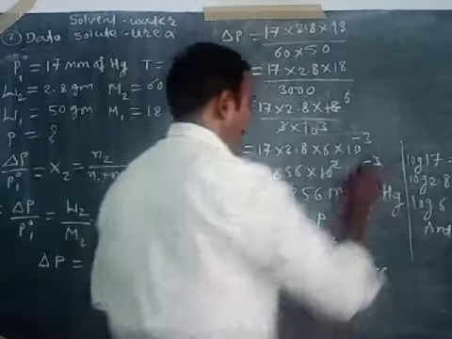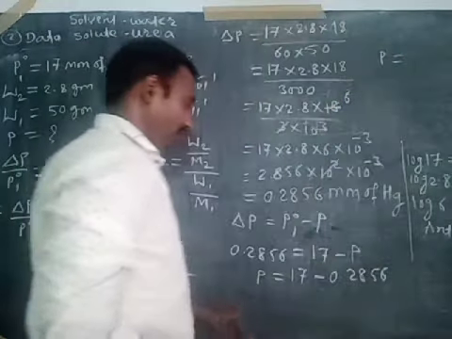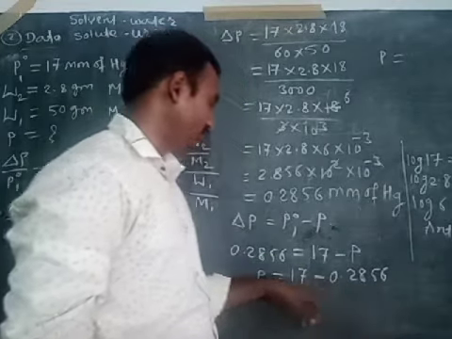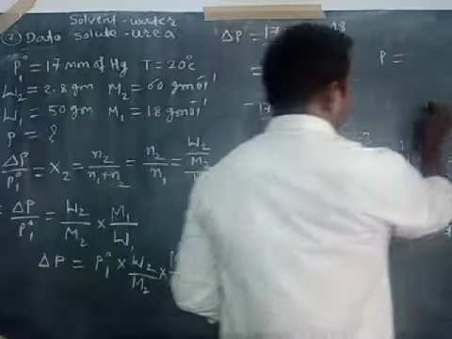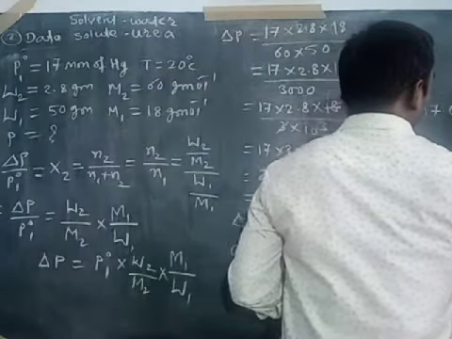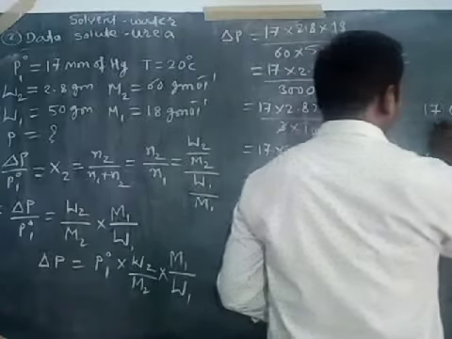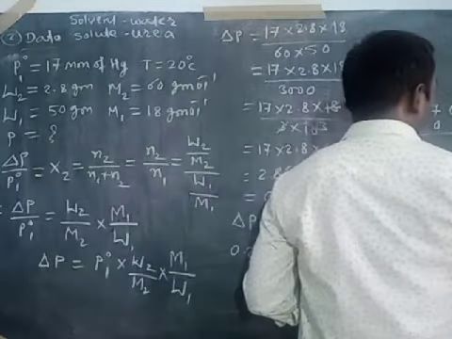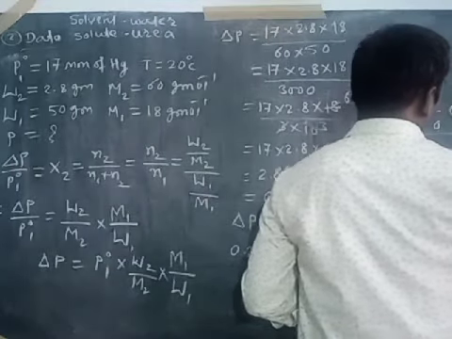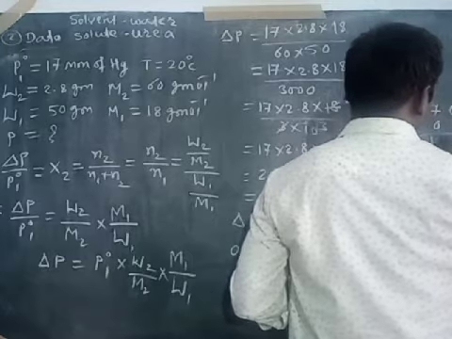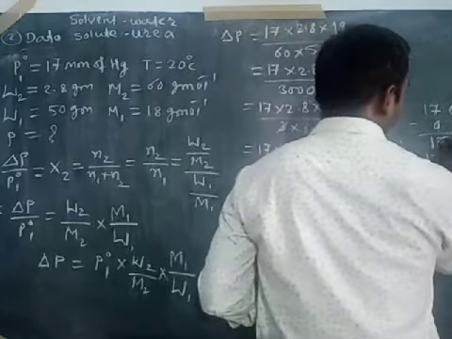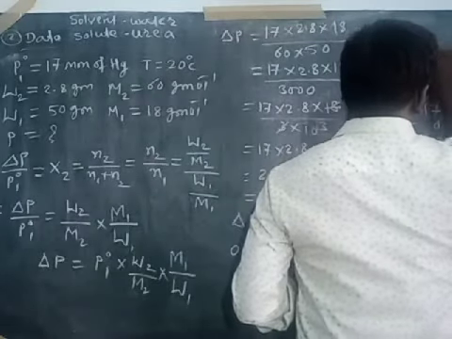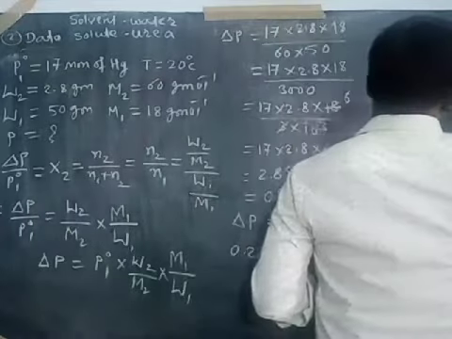When we subtract 0.2856 from 17, we get 16.71 mm of Hg.